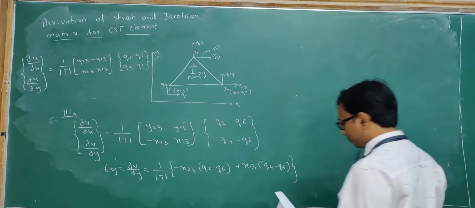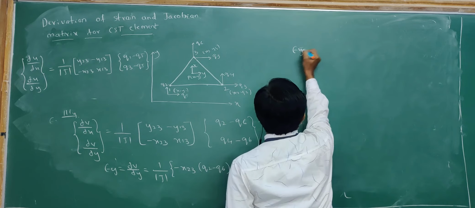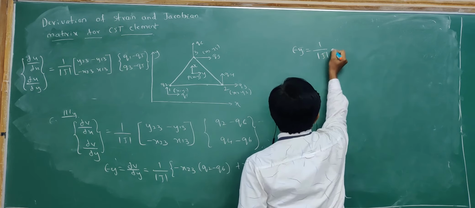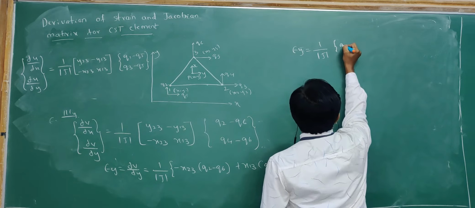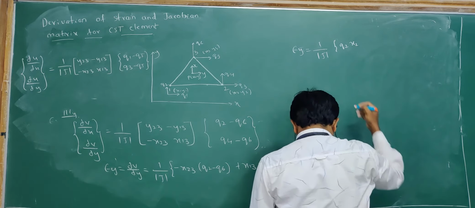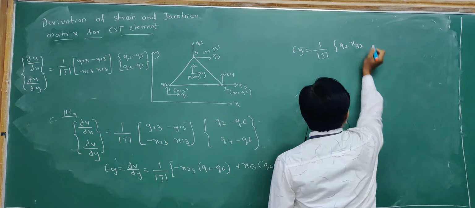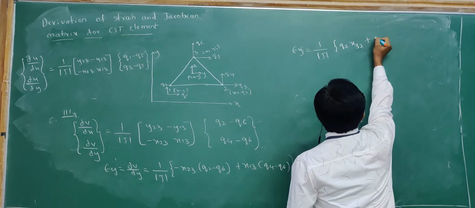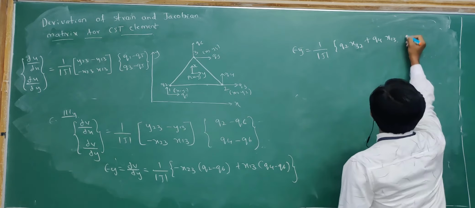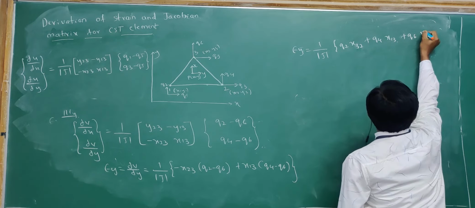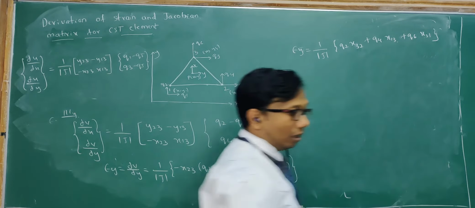So epsilon y is nothing but 1 upon determinant j into q2 x23 or x32, plus q4 x13 plus q6 x21. Okay, so this is the equation for epsilon y here.